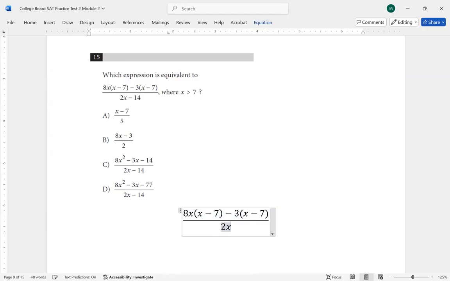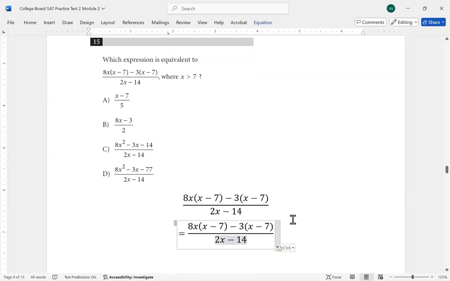The denominator is 2x minus 14. And what you'll notice about 2x minus 14 is that if I factor out the greatest common factor of 2, that will give me 2 times the quantity x minus 7.